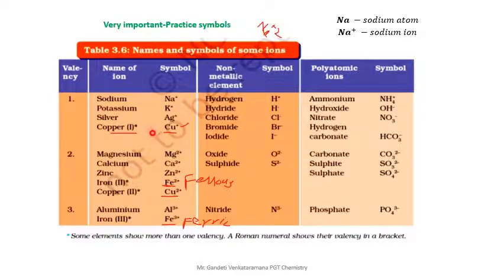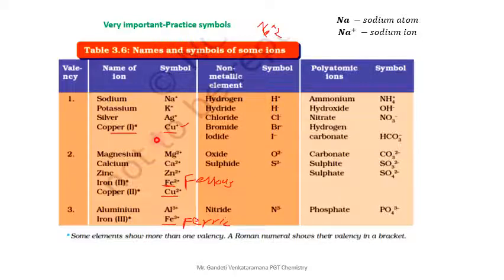Okay, next one more thing. Whatever the charge is present, here charge plus 1, here also plus 1, plus 1, plus 1, plus 2, plus 2, plus 2, here minus 1, minus 1. Check the numbers 1, 1, 1, 2, 2, 2 like this. We call it valency. Valency means the combining capacity of an atom is called valency.